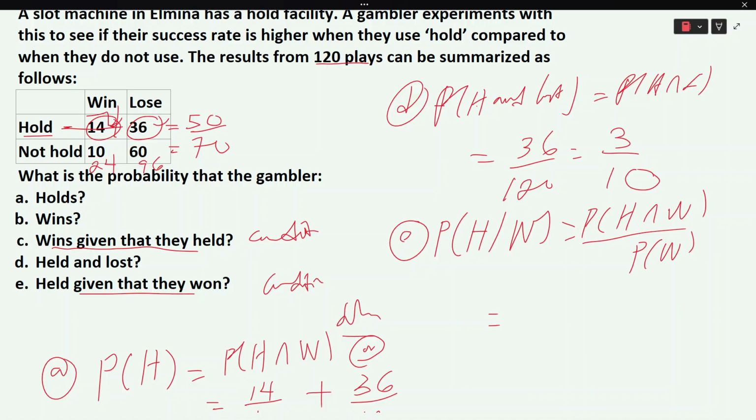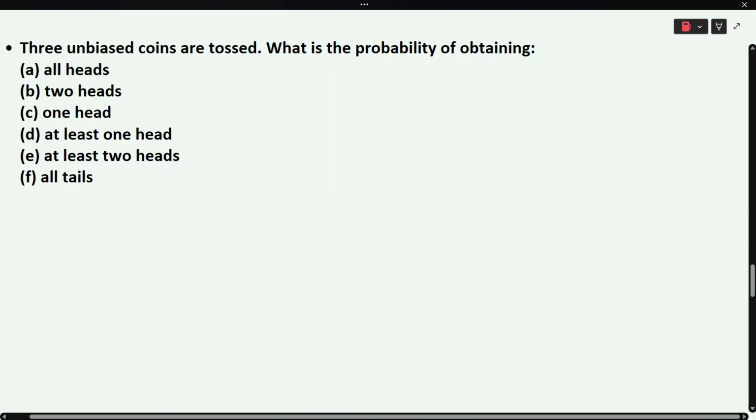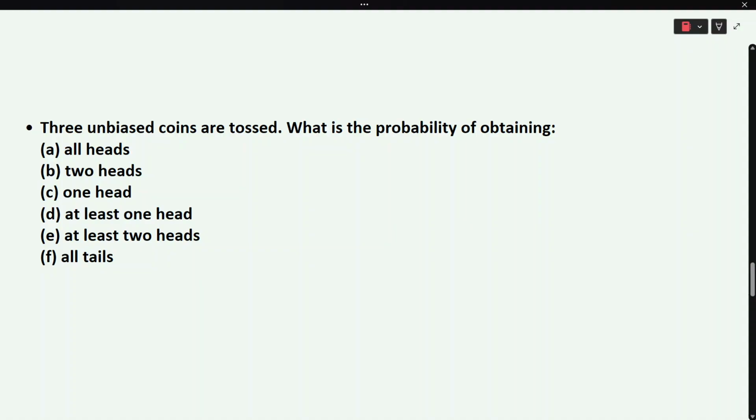So when you hold and win, that is 14, you are restricted to wins. The total number of wins are 96, so 14 divided by 96. Let's solve the last question.